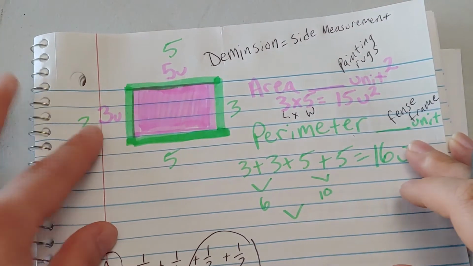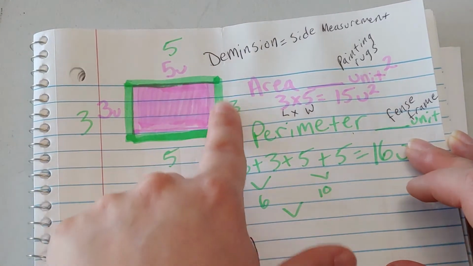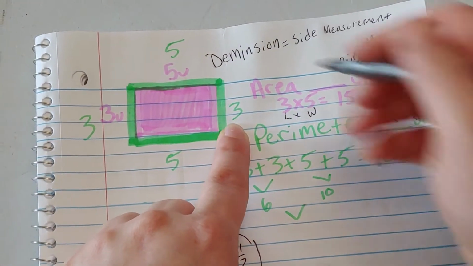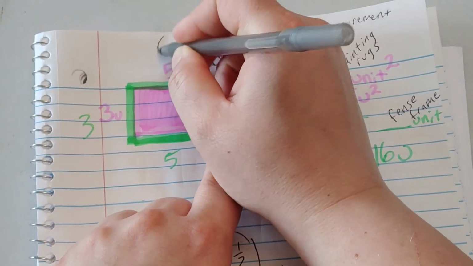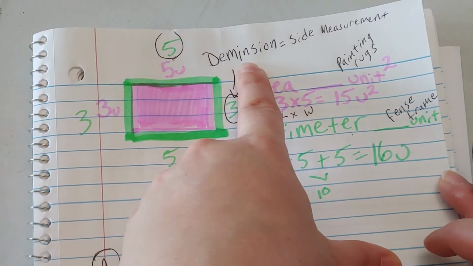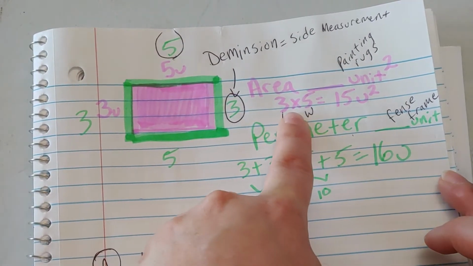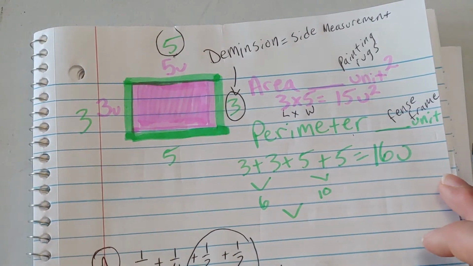We're going to call it side measurement because length, width, height, that's the number that's being used. This is a dimension. This is a dimension. So those side lengths or side measurements is what a dimension is. So here you're multiplying dimensions, here you're adding dimensions.